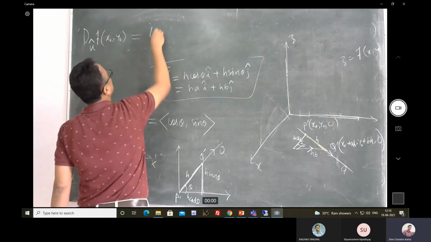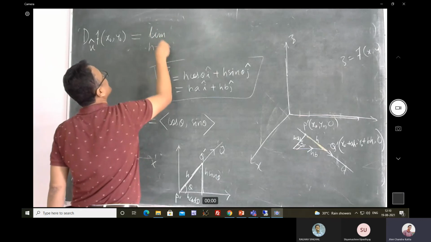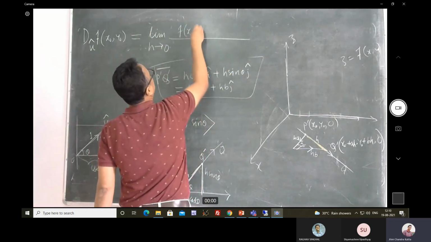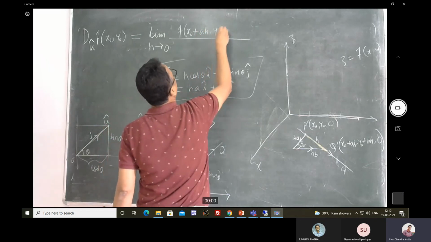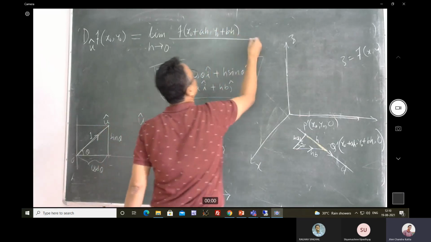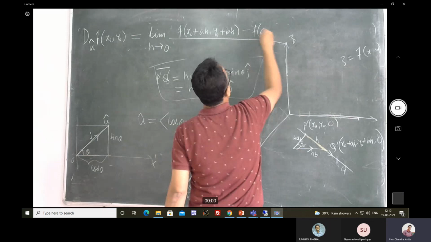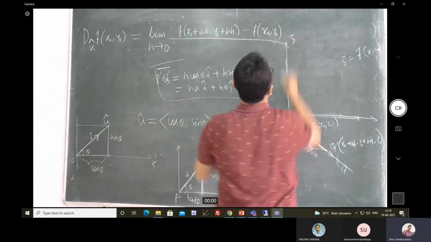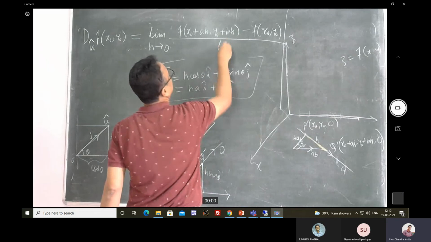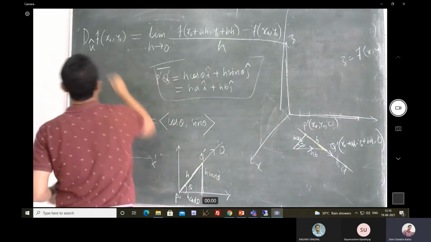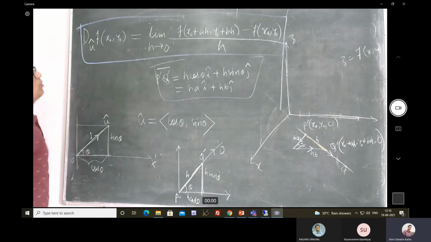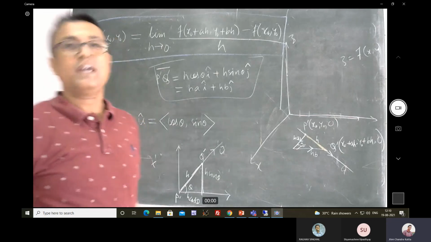This is nothing but the limit as h tends to 0 of f of x0 plus ha, y0 plus hb, minus f of x0, y0, divided by h, where a, b are the components of the unit vector u cap.